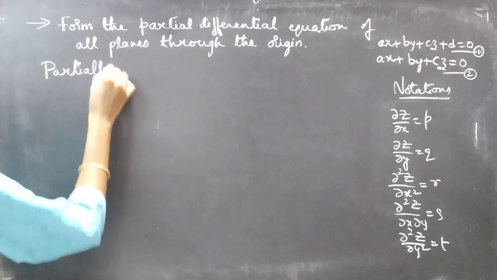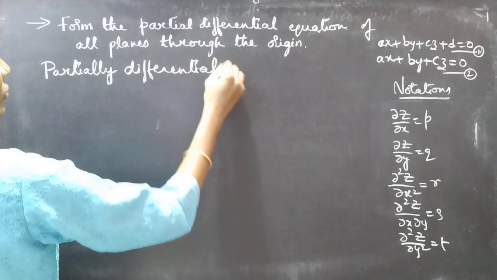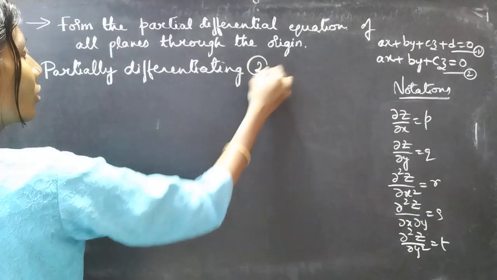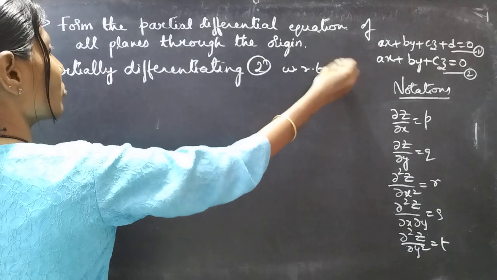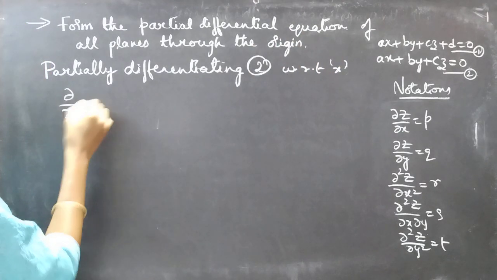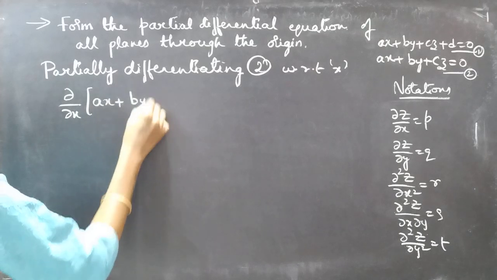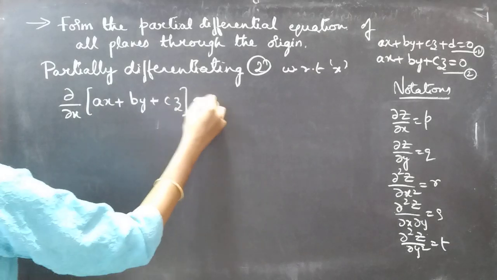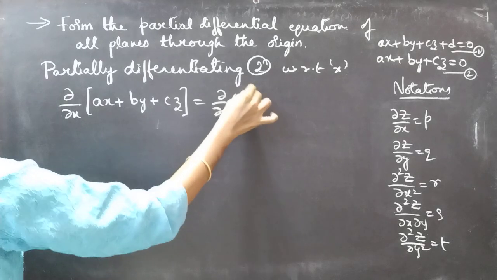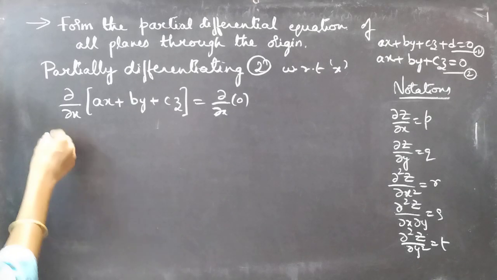Partially differentiating with respect to x. So I'm going to apply dou by dou x on both sides of equation 2. You can skip this step if you feel it's avoidable. Here we are partially differentiating with respect to x, so y will be treated as constant, right?